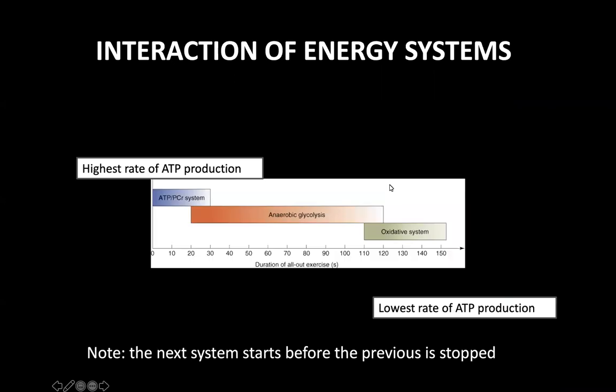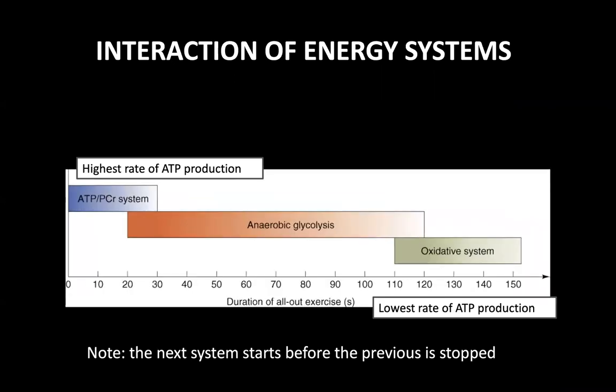And let's put this into a different scheme. Let's overlay the different systems. If we're looking at near maximum efforts between 0 and 30 seconds, the primary pathway for creating adenosine triphosphate is through this phosphagen system, also known as, you'll see it written as, the PCR system.